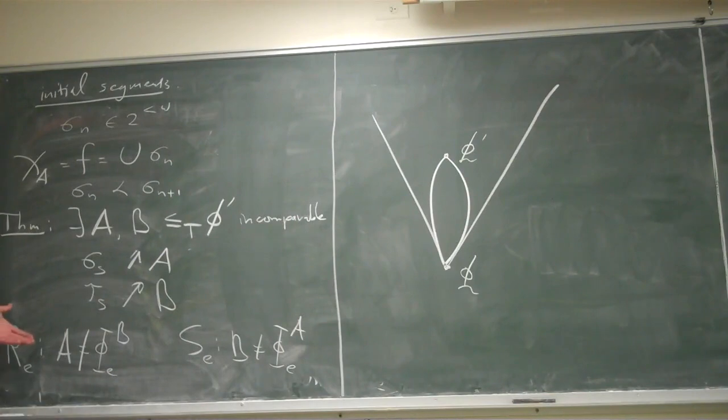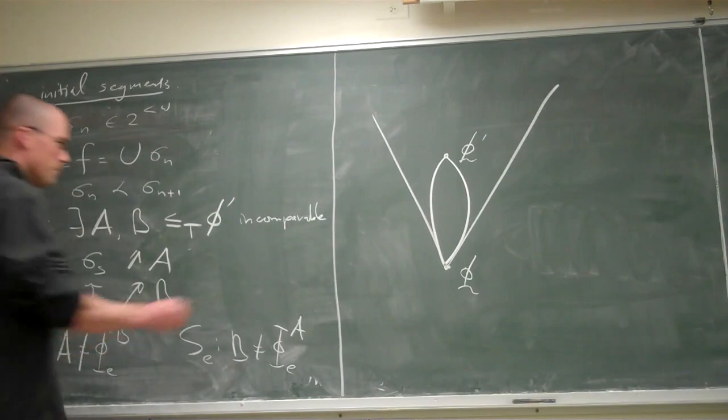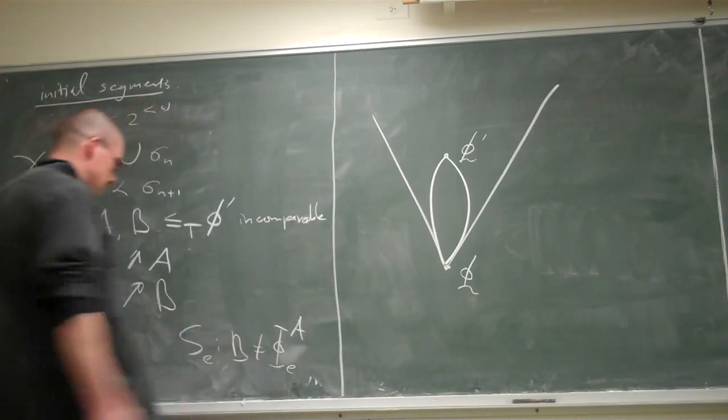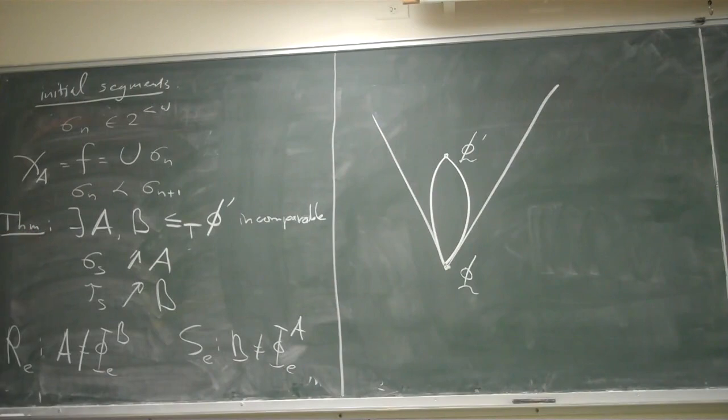So I think pretty clearly, if you satisfy all R_e and all S_e, then you have incomparable degrees. That's exactly what it means to be incomparable. So this is what we have to do.